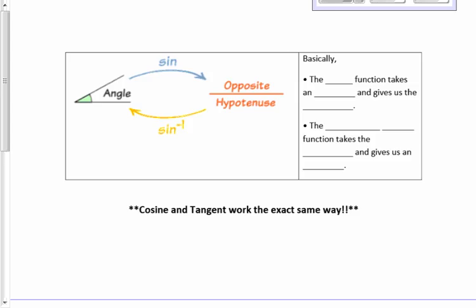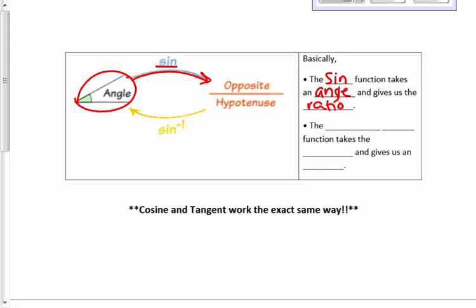All right, so basically, the sine function takes an angle and gives us the ratio. In this visual, we have the angle, and sine is taking it to give us that ratio of opposite over hypotenuse.